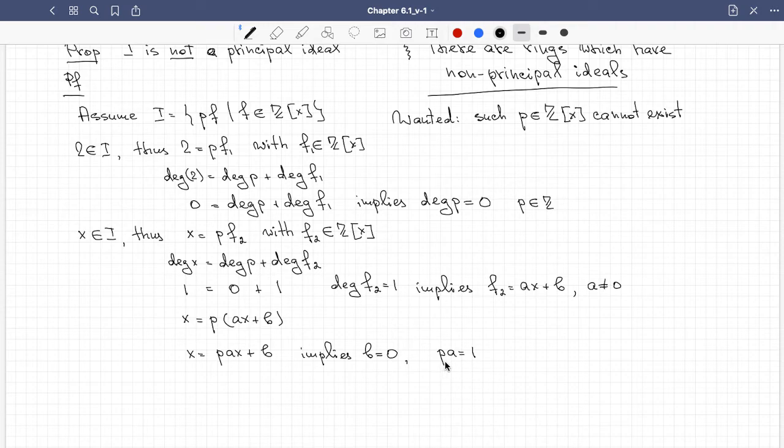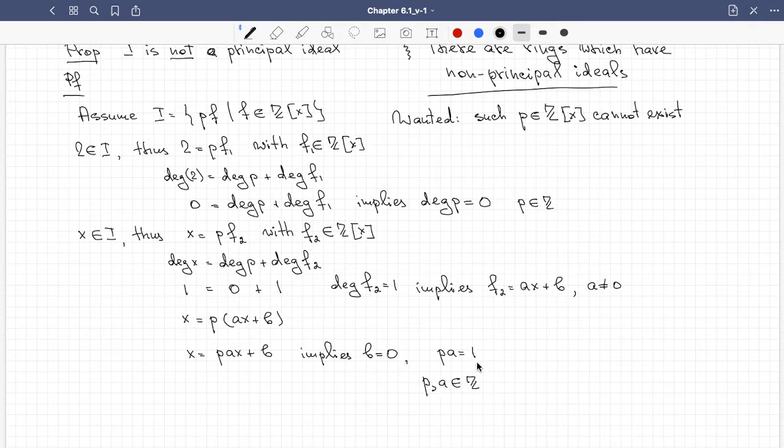pa is 1 implies... p and a are both integers. So let me recall, write it here, p and a are both integers.